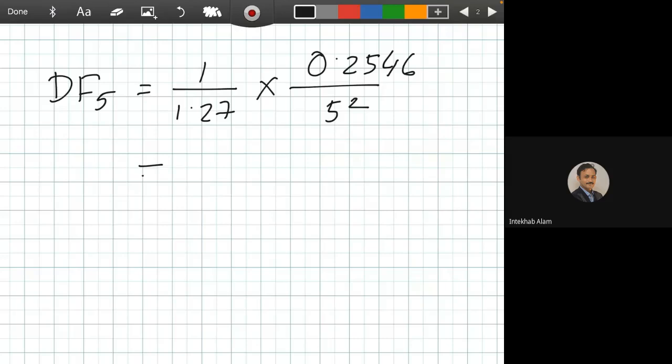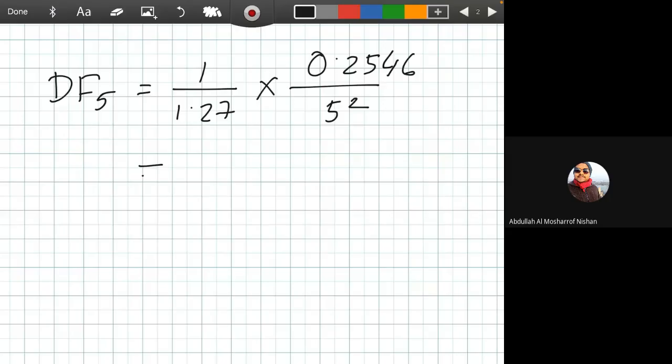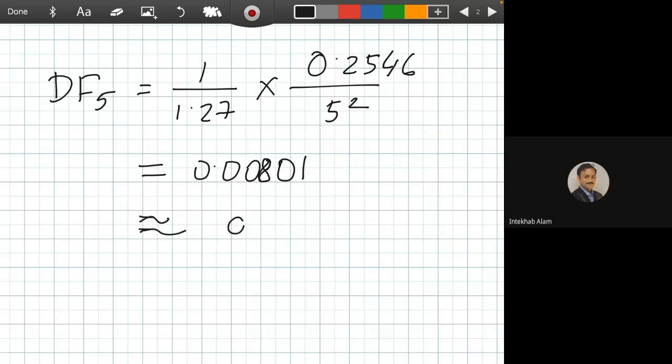Could you please tell me again? I missed that part. 8.01 into 10 to the power minus 3. If we consider it in percentage, then it is 0.8%.